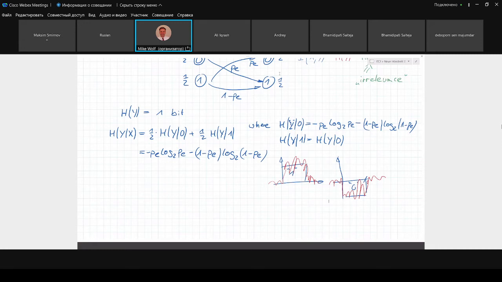If the symbols are statistically dependent, we need less code word length, because in this case our information grows slower from symbol to symbol. This is the chain rule, basically.